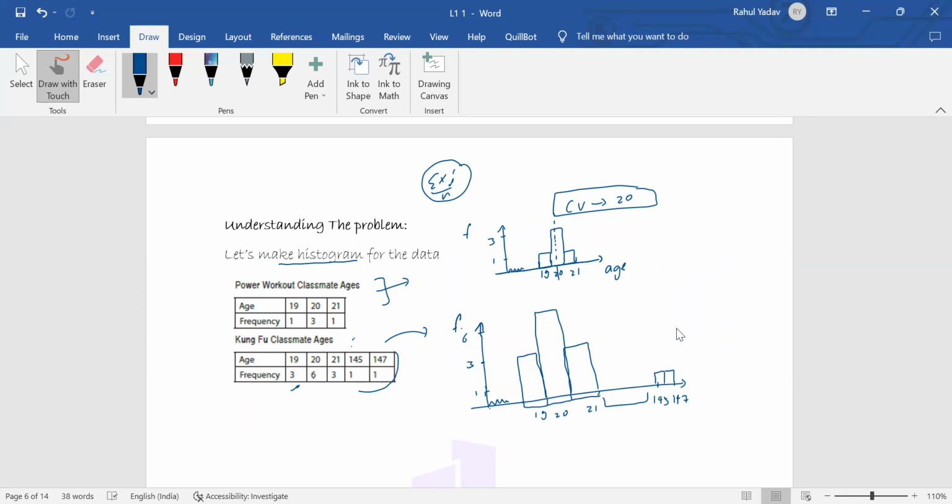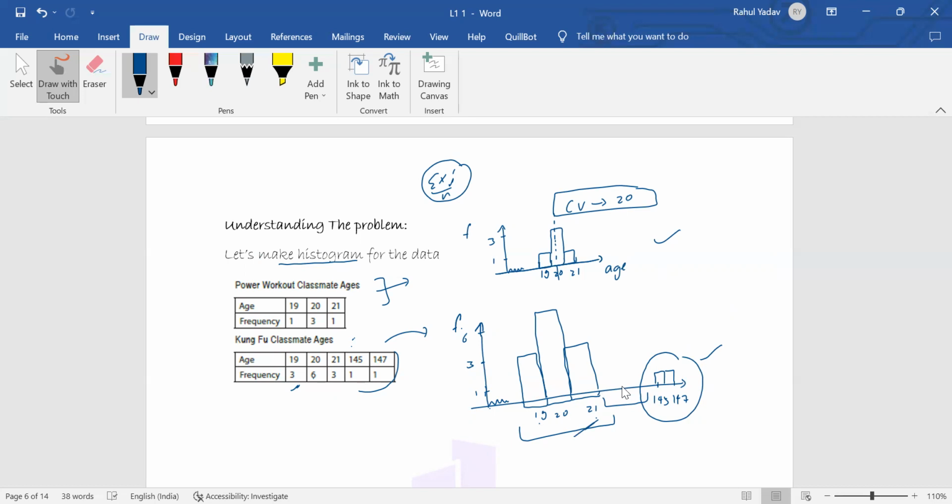So what is the difference between this plot and this plot? Technically the majority of values are between 19 and 21, but some values are far away from where the data is supposed to be.